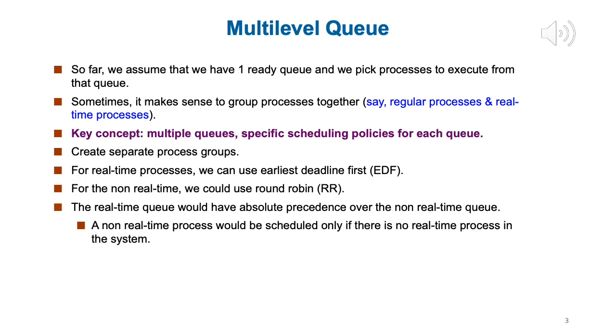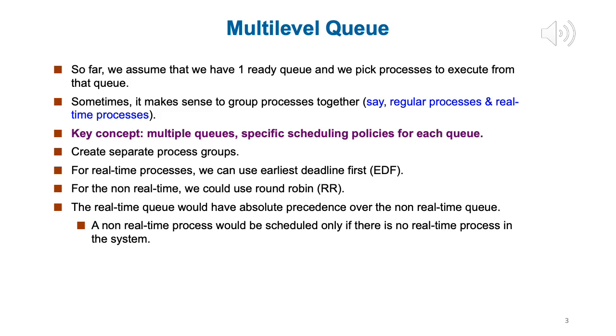Okay, so now I am on slide 3, and now we talk about multi-level queues. So far we assume that we have one ready queue and we pick processes to execute from that queue. As we discussed, a process arrives into the system, is ready to execute CPU instructions, goes straight to the ready queue.